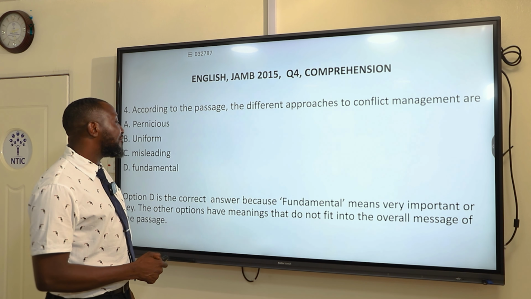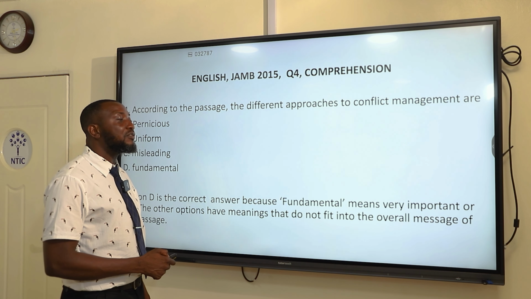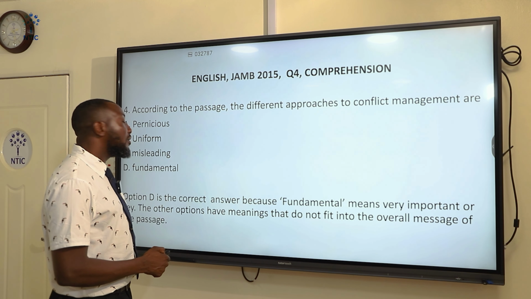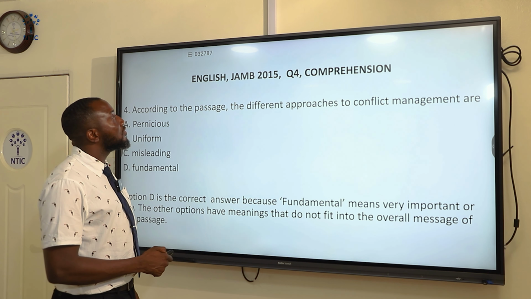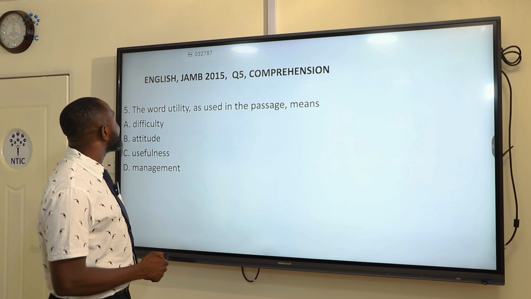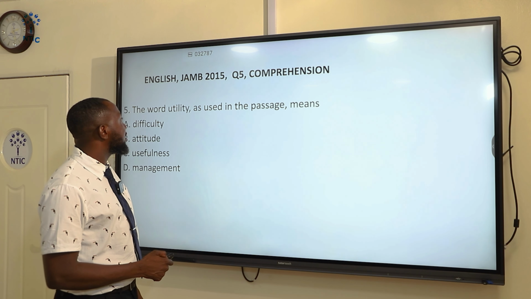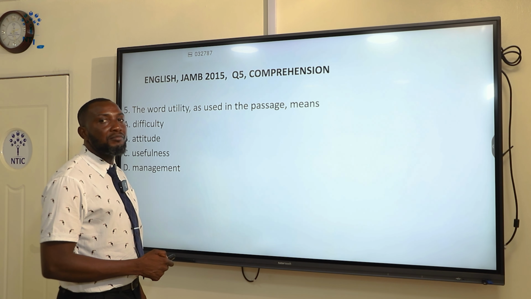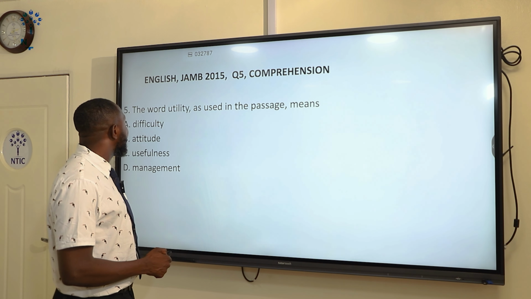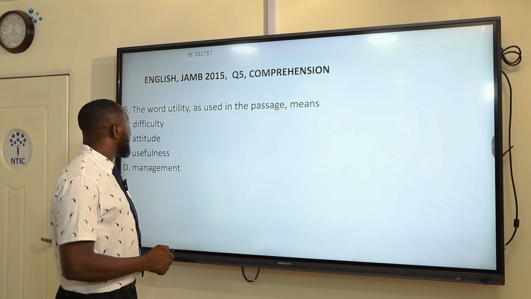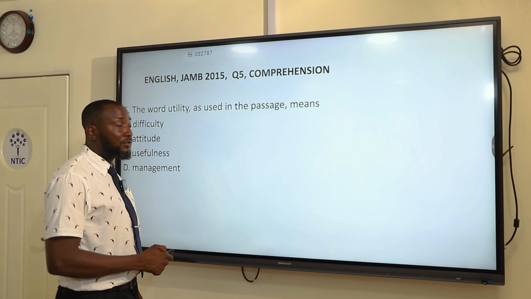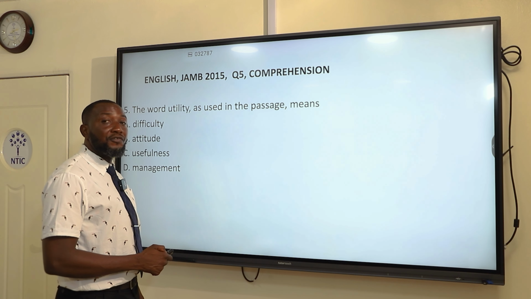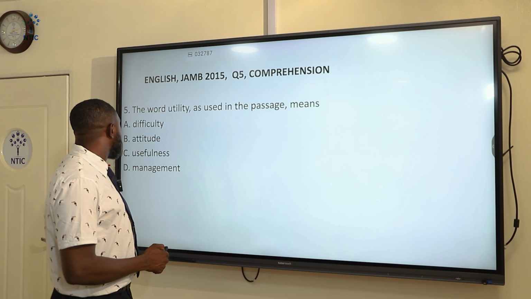The other options have meanings that do not fit into the overall message of the passage.